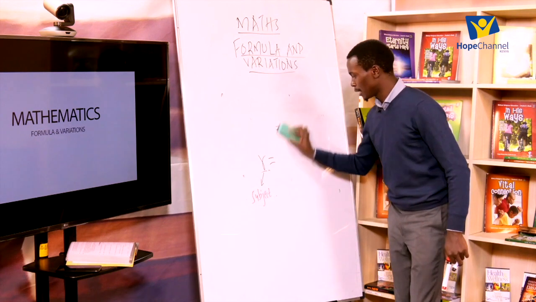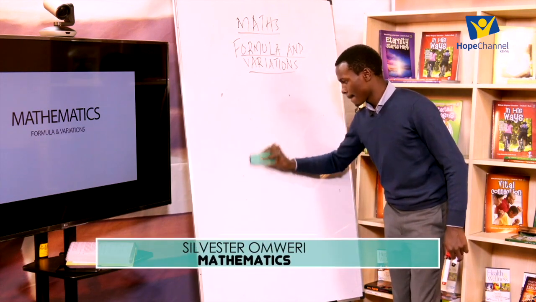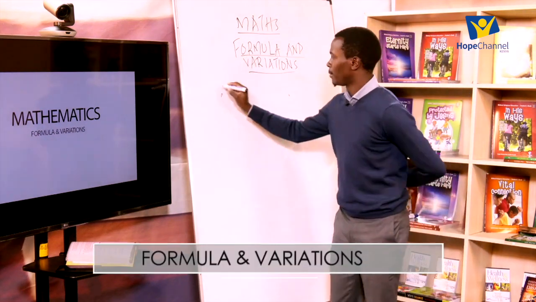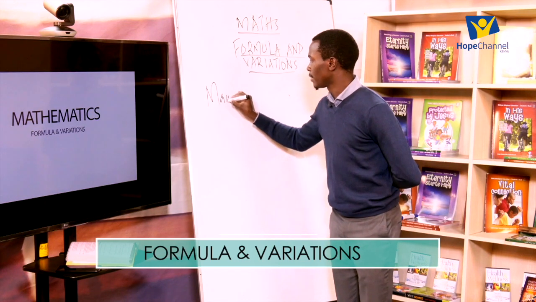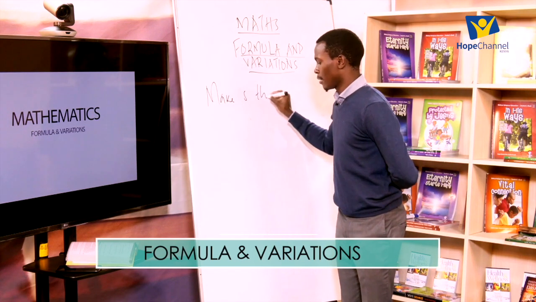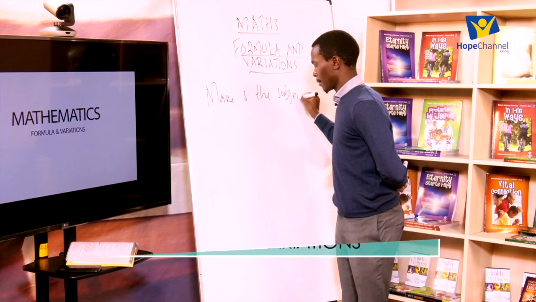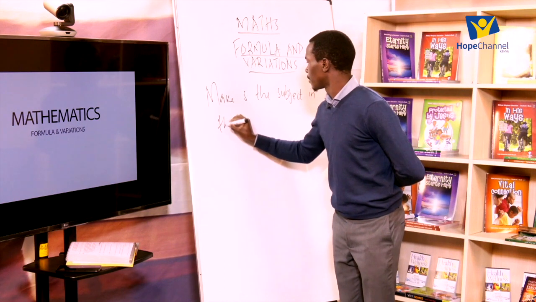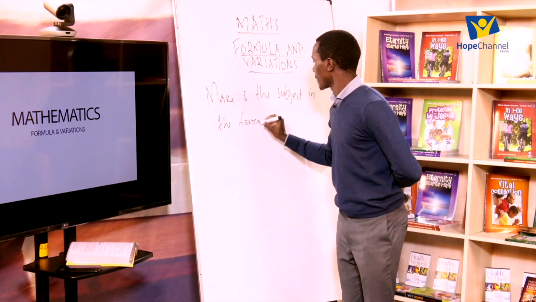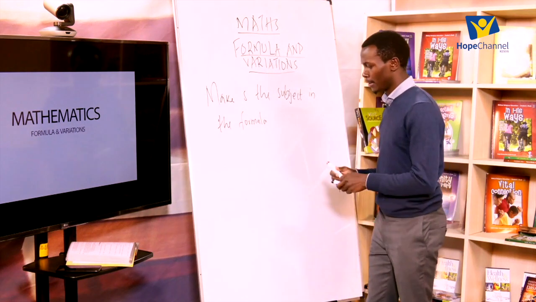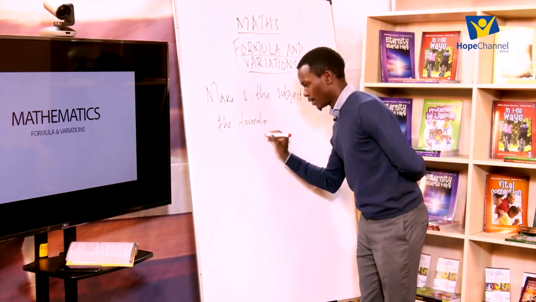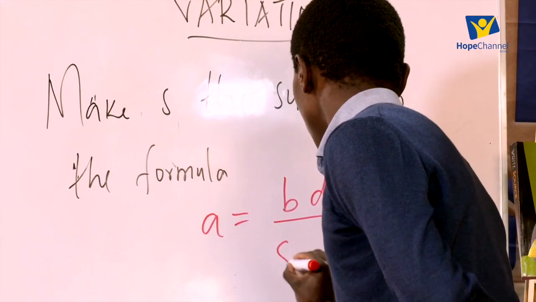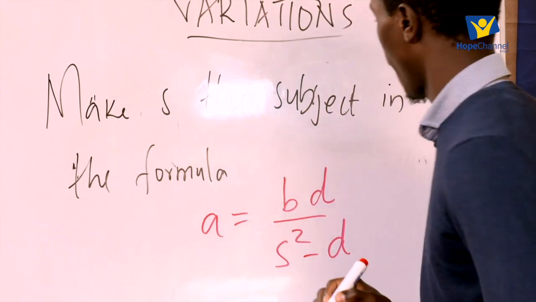So example number 2 says make s the subject in the formula a is equal to bd over s squared minus d.